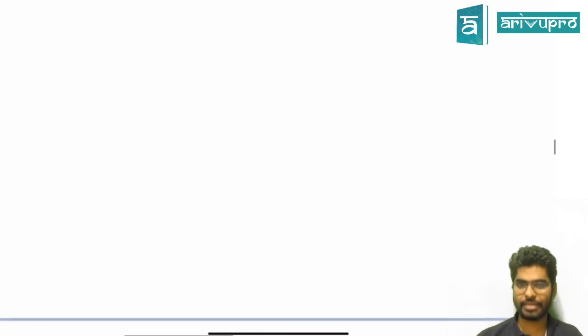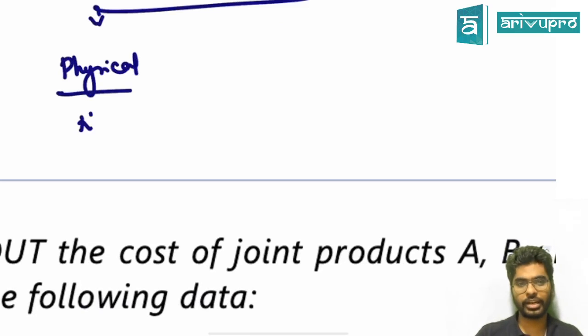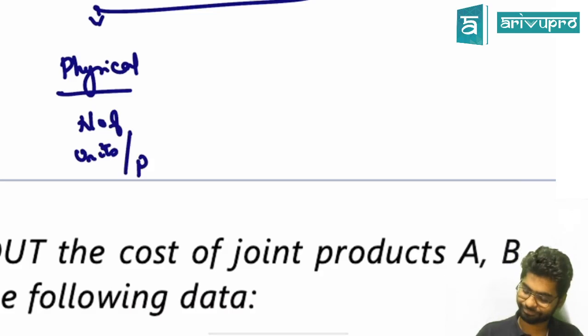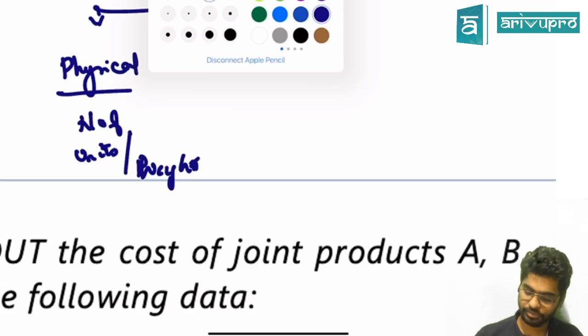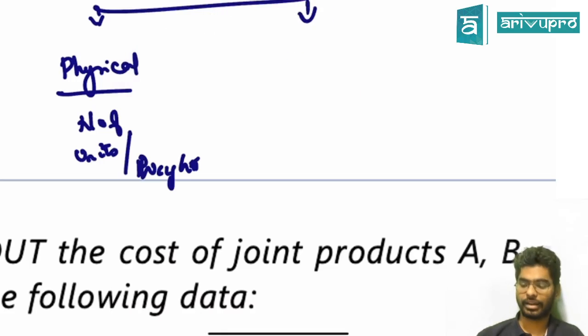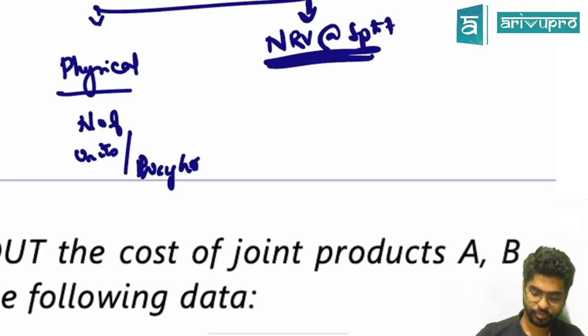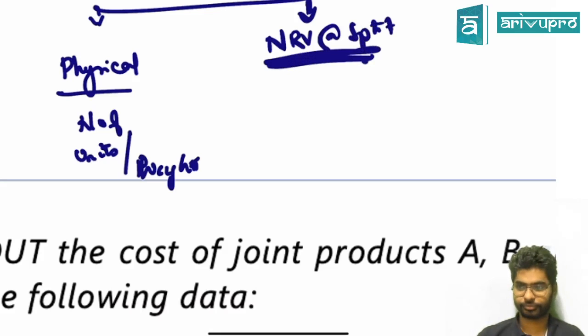Now, in layman's terms, if you have to understand the methods I did: the first one was physical units. It's basically based on either the number of units or the weights. The second one I did was net realizable value at split off point.